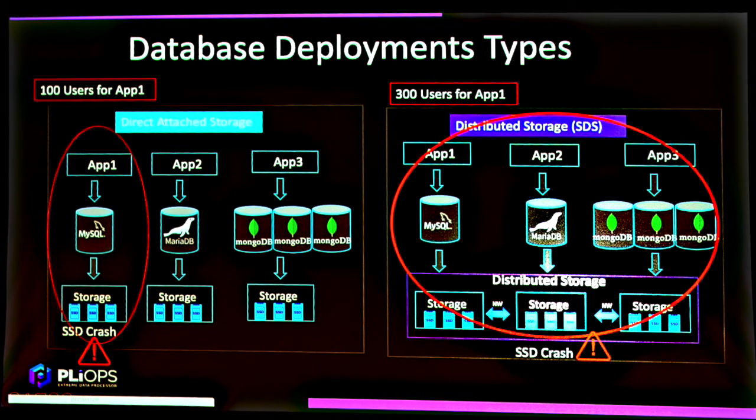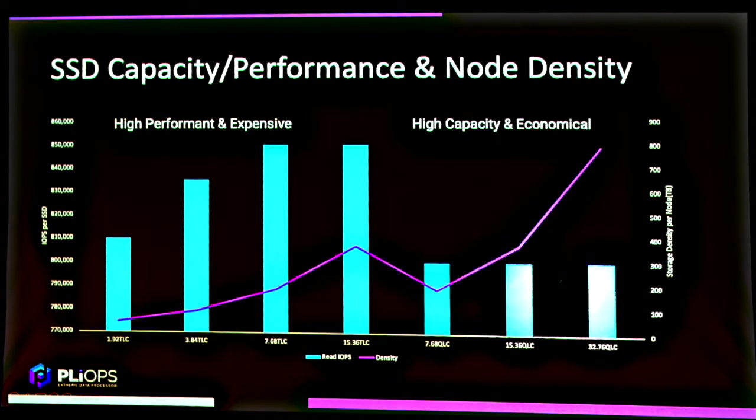This is where the blast radius comes into the picture: how many users get impacted, what workloads, how many locations. When you are providing any customer facing application, this is very critical to factor in. Another thing is that database capacities are growing, as are big data capacities and SSD capacity.